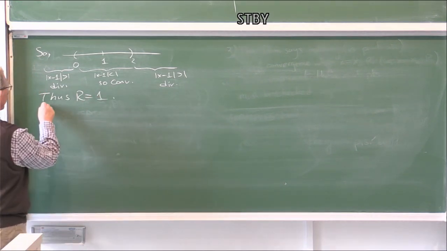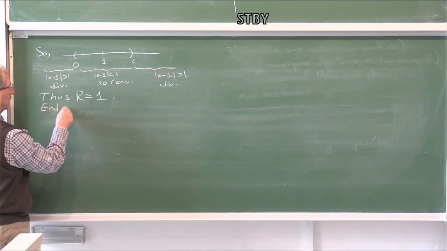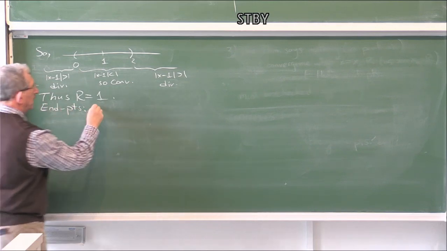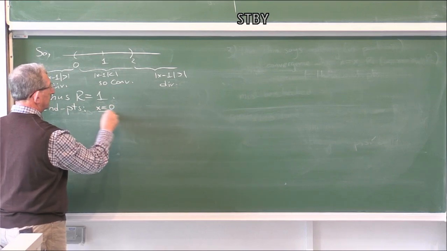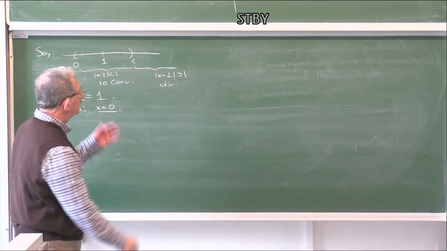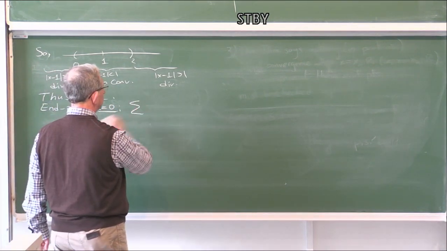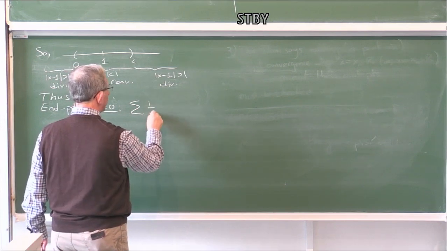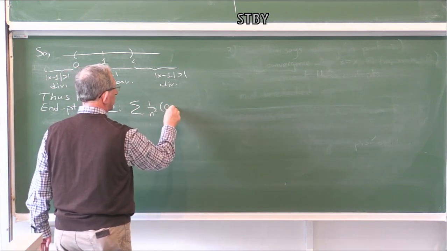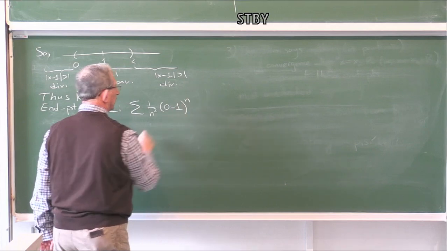Now for the endpoints, if x is 0, we consider our series, which was 1 over n squared, x minus 1 to the n.